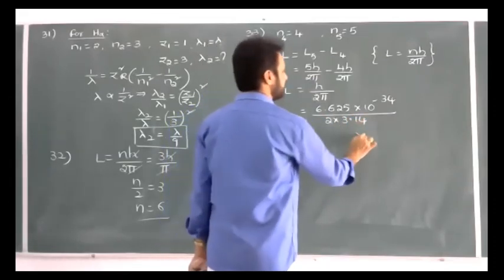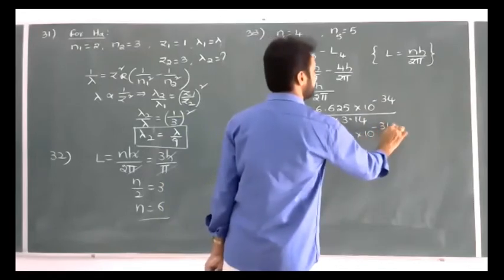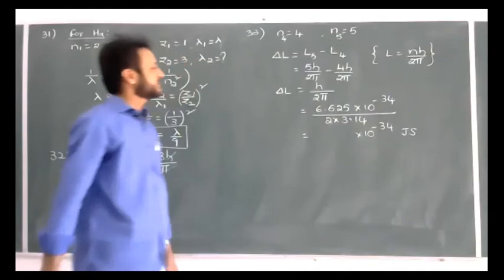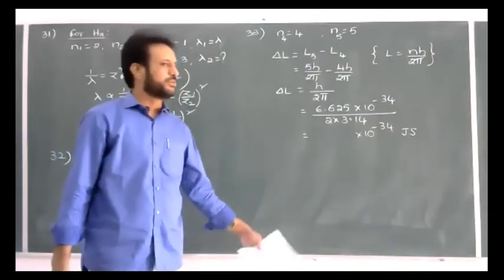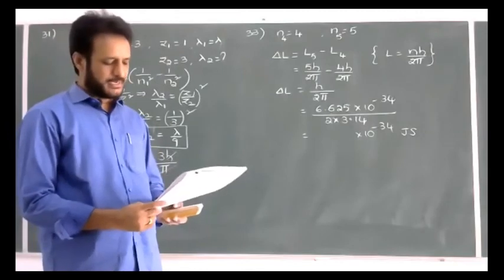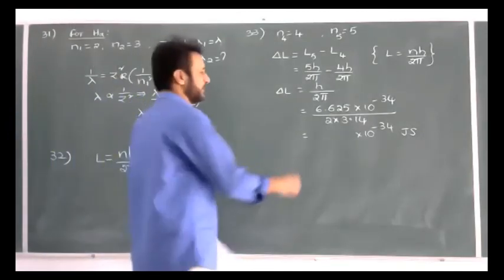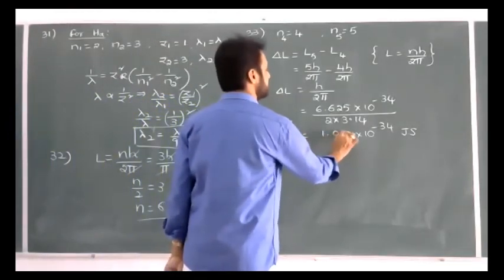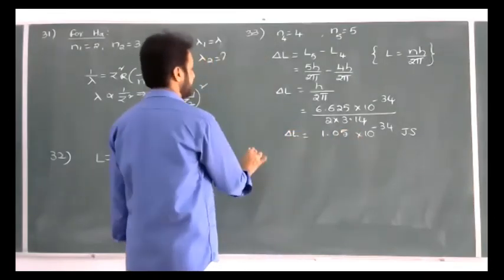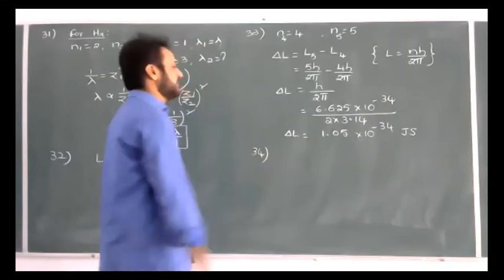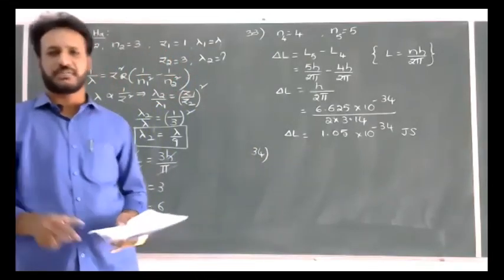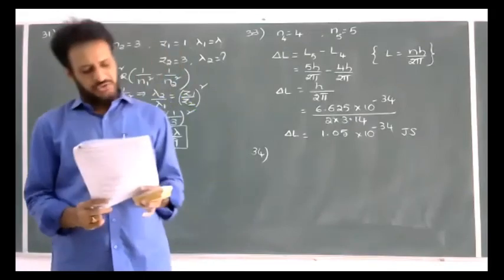That equals 6.625 by 2 divided by 3.14, approximately 1.05 into 10 to the power of minus 34 joule second. That is option 3, correct. Third option correct. Question number 34.